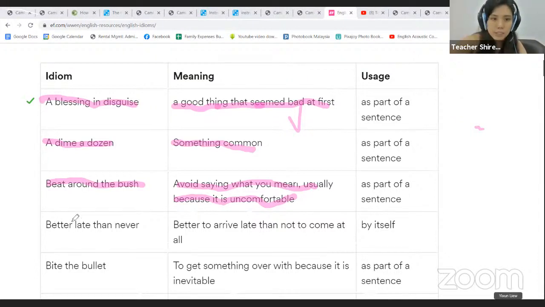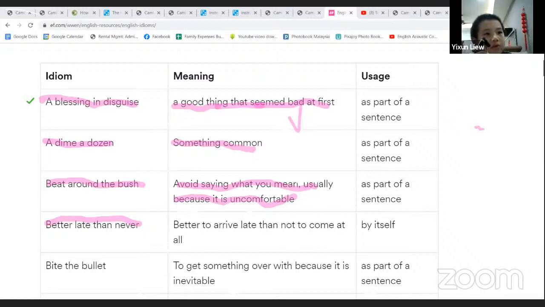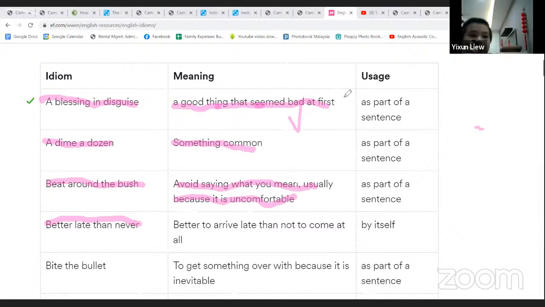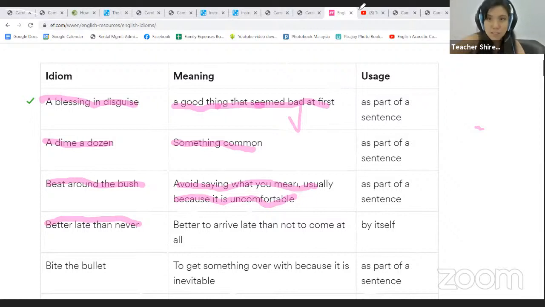Okay, next. Yixun? Better late than never. Better to arrive than not to come at all. Very good. Can you give me an example of a sentence? This one is pretty easy. I need to come late. Okay. Better late than never, right? It's like, come late is better than not wanting to come at all.